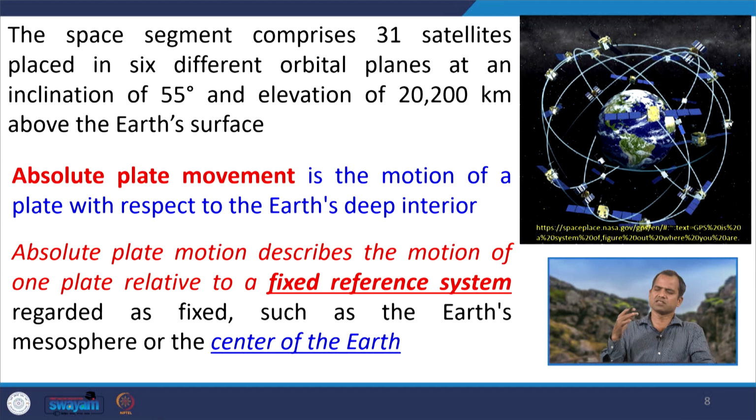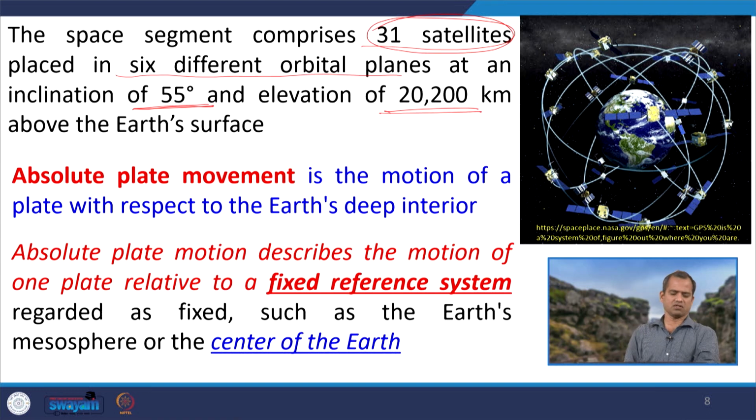And this system, this GPS device that we are using for plate tectonic study, is a set of around 31 satellites, placed in 6 different orbital planes, and the inclination is about 55 degree, and you see the elevation, how far they are from this earth system, and they are giving you the absolute plate motion.